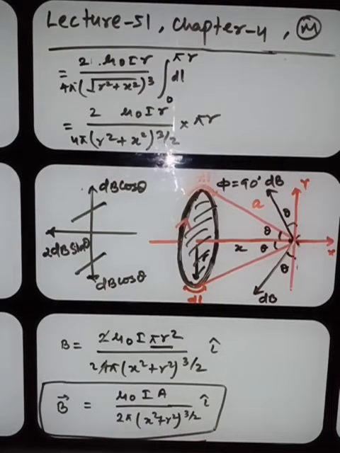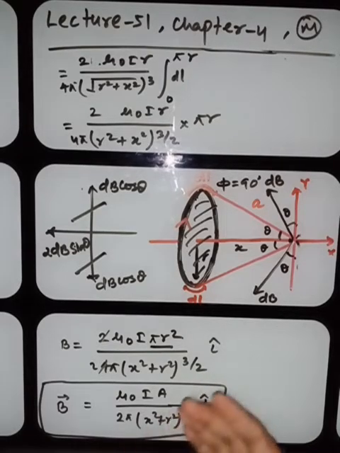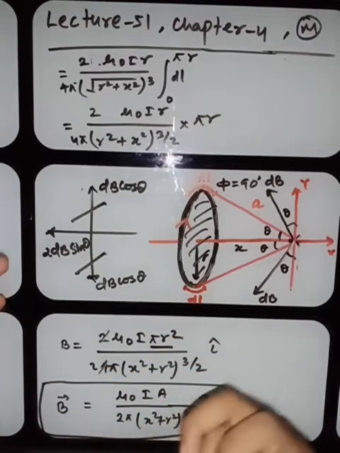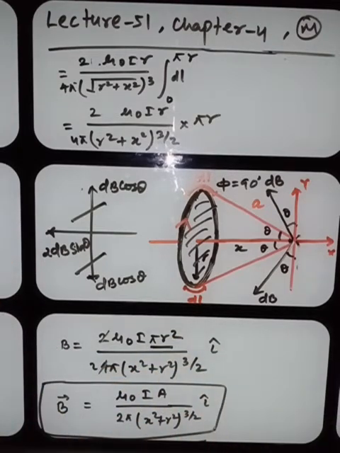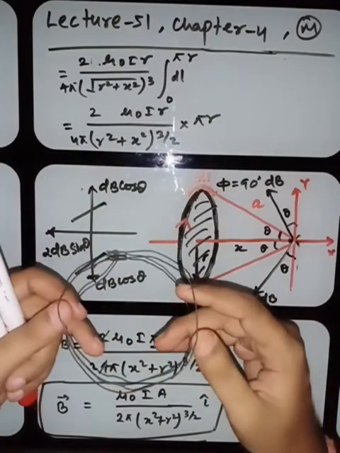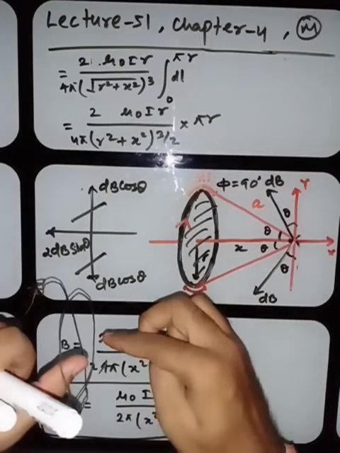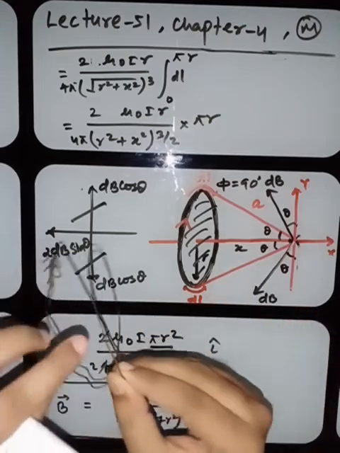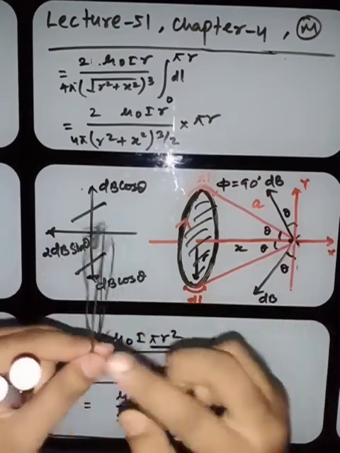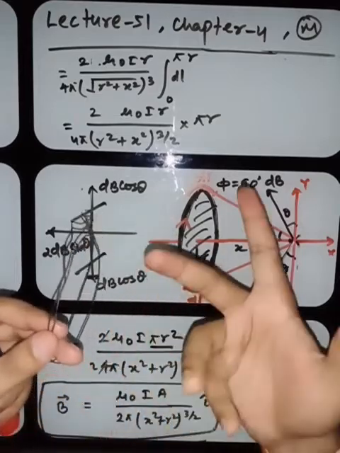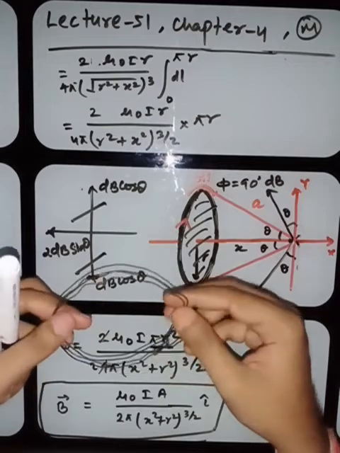Now let me do a very simple case, and in the next lecture we'll continue from here. Here we are having one coil and the current is flowing in this direction and the magnetic field is B. Suppose I use another coil and the current is in the same direction. What will be the net magnetic field? It is 2B. For n turns, how much is the magnetic field?